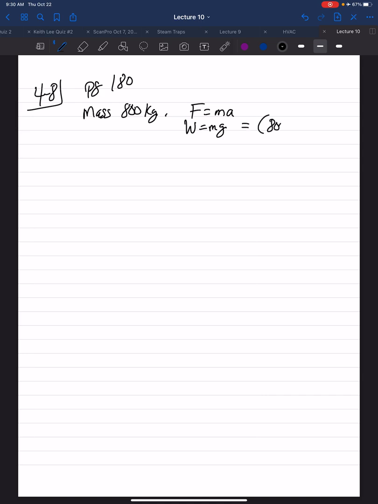So it'll be 800 kilograms times 9.81 meters per second squared. That gives you 7848 newtons.